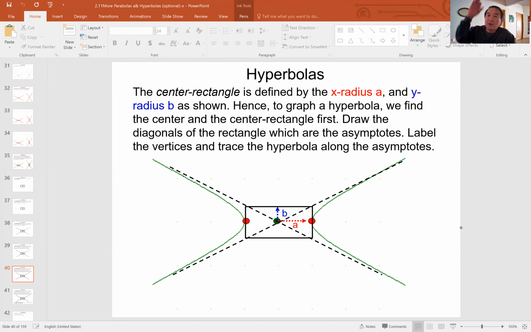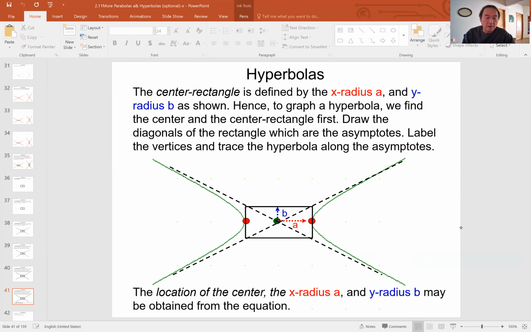Depending on which version it is, up and down or sideways, the vertex sits on the waist of this box, or maybe the up and down midpoints. In this case, it sits on the waist, so then we trace the green line as a hyperbola. And so this is basically the geometry if you want to see what it looks like. Okay, the important points are the vertices and asymptotes.